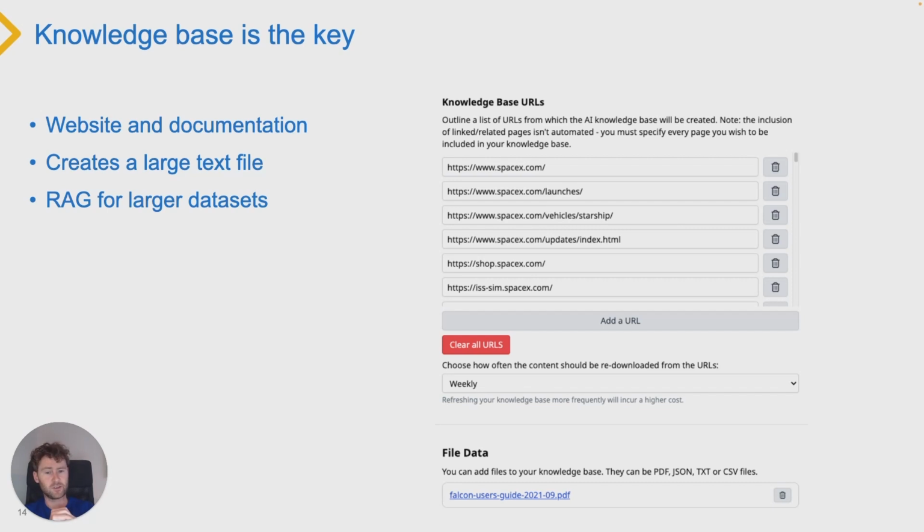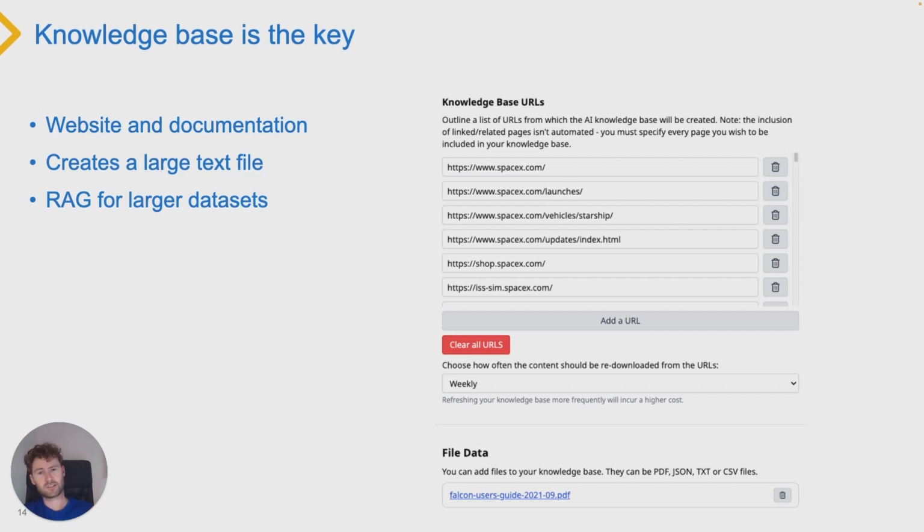Essentially, what this is doing is creating a large text file. It's then broken down into chunks if it's beyond a certain size. And there's a very common methodology called RAG, or Retrieval Augmented Generation.